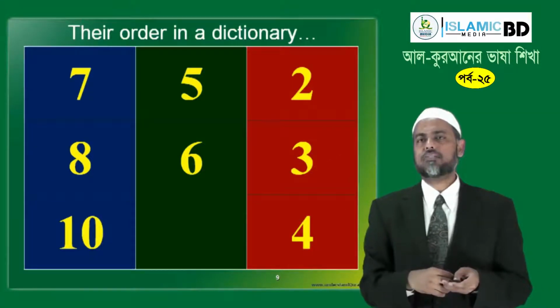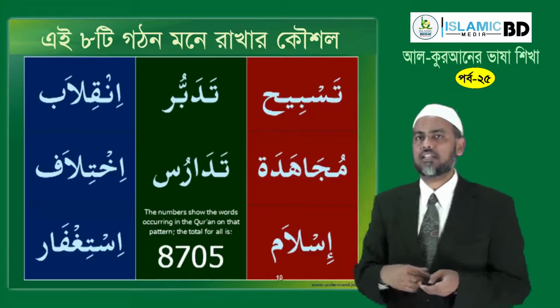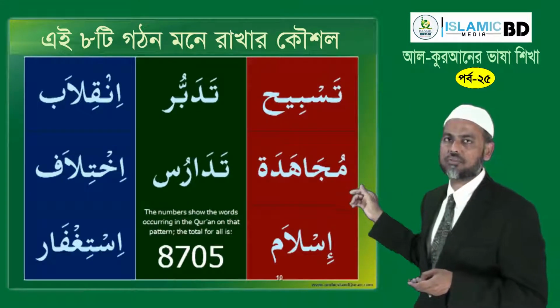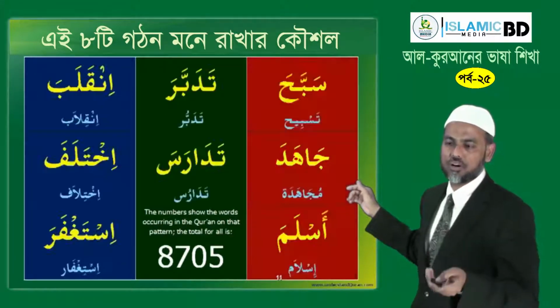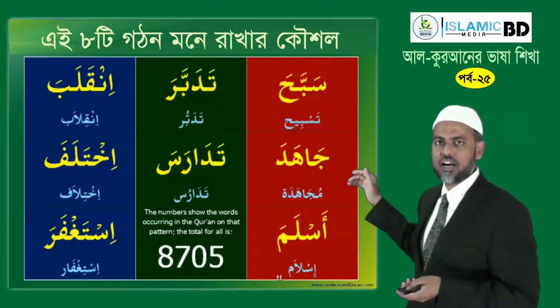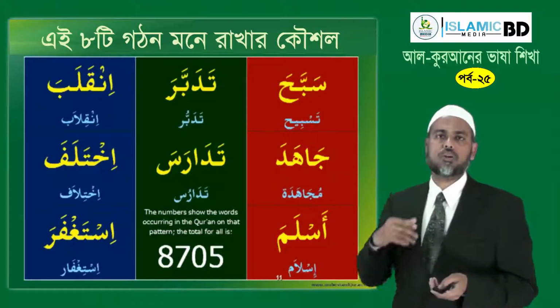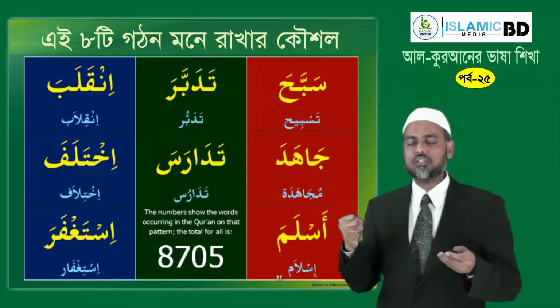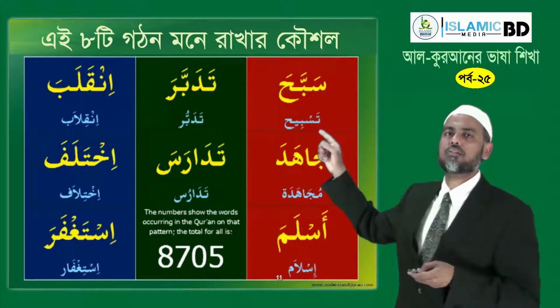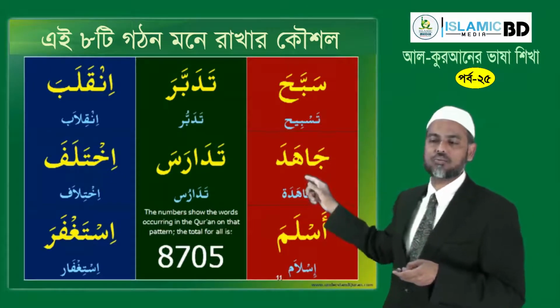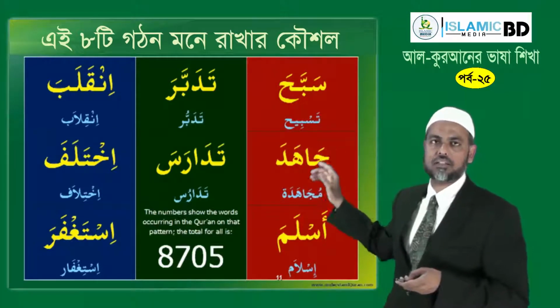And to remember that, we gave you 3 sentences. Tasbih and mujahada are from fundamentals of Islam. Therefore, sabbaha, jahada, aslama. You want to continue and do it good, then you have to do tadabbur in Quran and tadarus of the Quran, which is tadabbara, tadarasa.